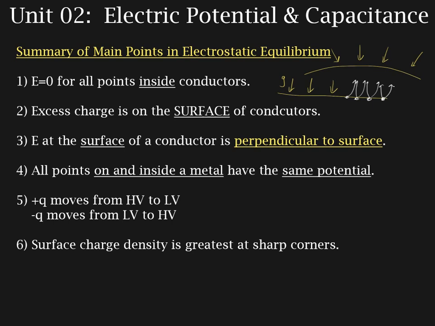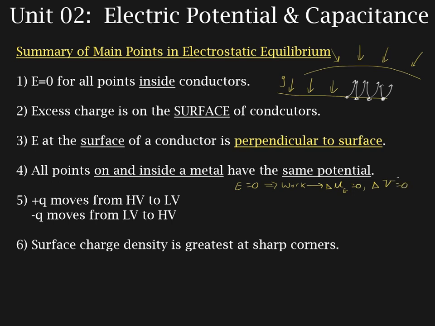In terms of potential, all points on and inside of a metal have the same potential. The reason all points will have the same potential is because the electric field is equal to zero. And fields lead to work being done. If no work can be done, then there's no change in potential energy, which means the change in potential is equal to zero.